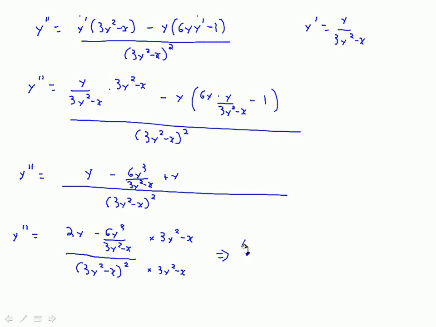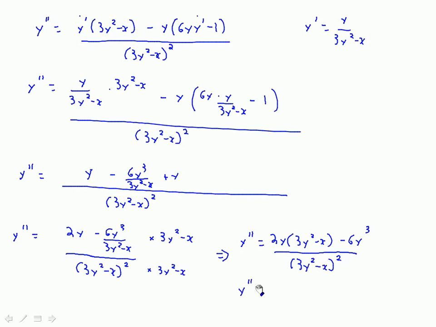It's doing both those operations together, and then we'll get y double prime is equal to 2y multiplied by 3y squared minus x minus 6y cubed, because that denominator is gone, all over top of 3y squared minus x to the 2.